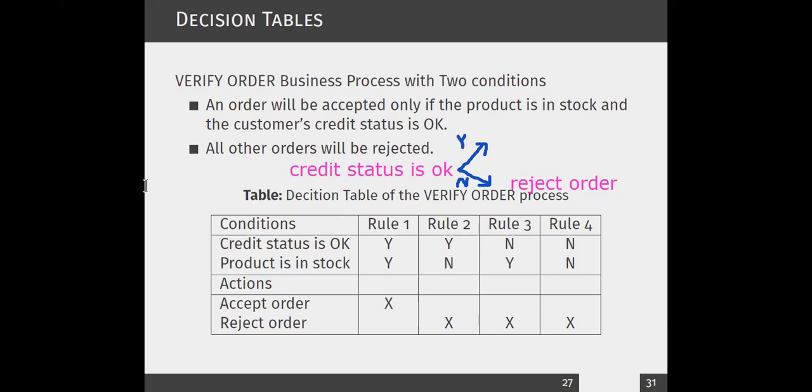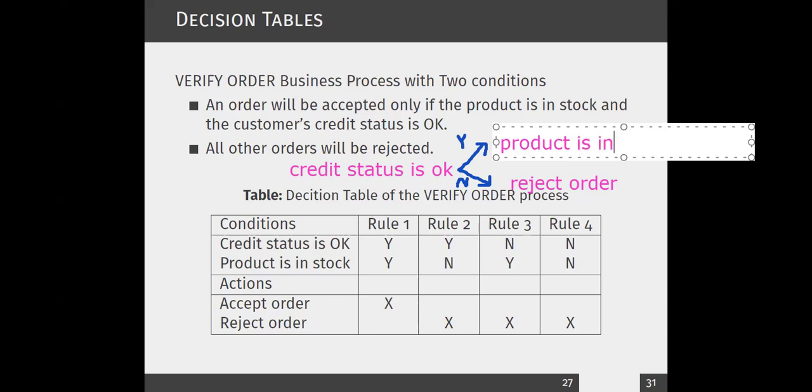Okay. So the next thing here is we can ask, okay, product is in stock. Let me put this in 2 lines, right? So we can ask whether the product is in stock.